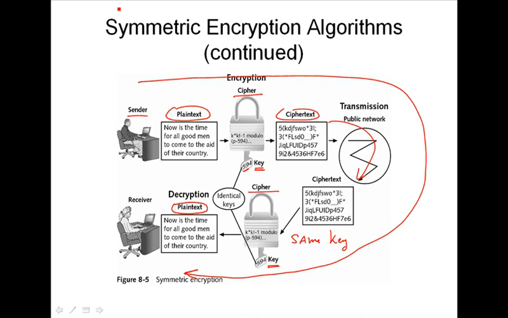There are a couple things you can remember about these symmetric encryption algorithms. They tend to be fast. The reason they're fast is relatively small key sizes. You'll see in a few moments that we're talking sometimes 128 bits, sometimes 256, sometimes more than that.